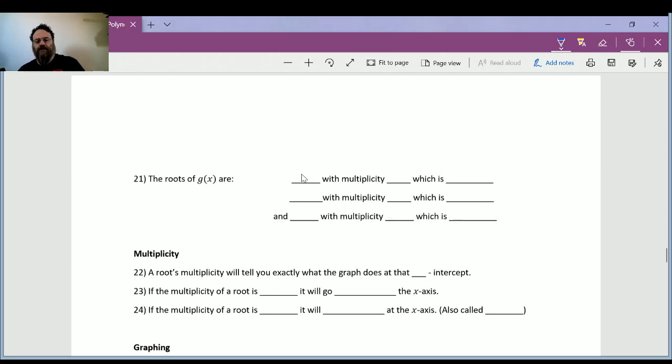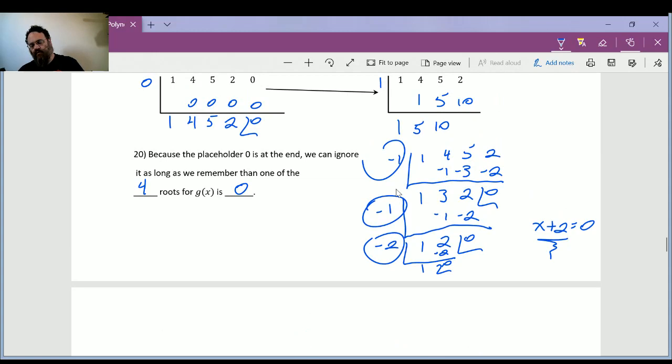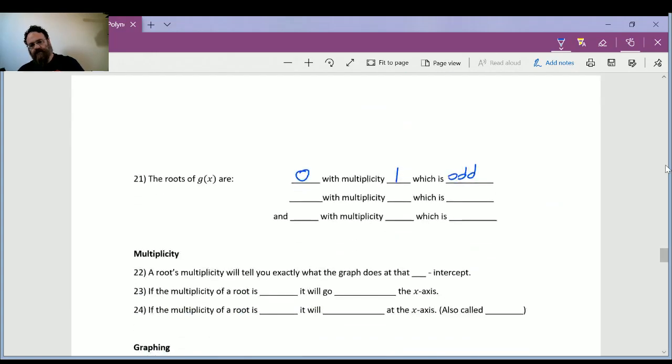So the roots, we have 0, which had a multiplicity of 1, which is an odd number. Then we found -1. Now it happened twice. So -1 has a multiplicity 2.